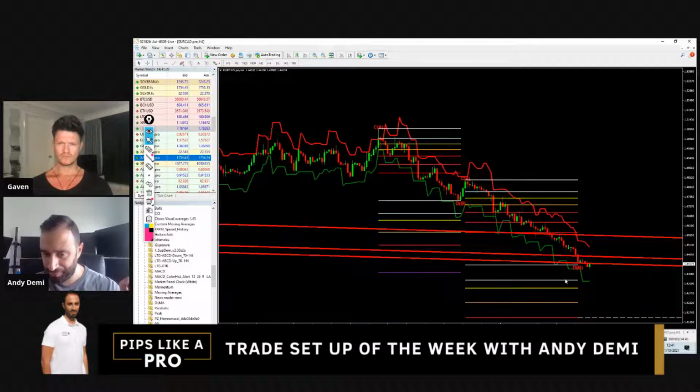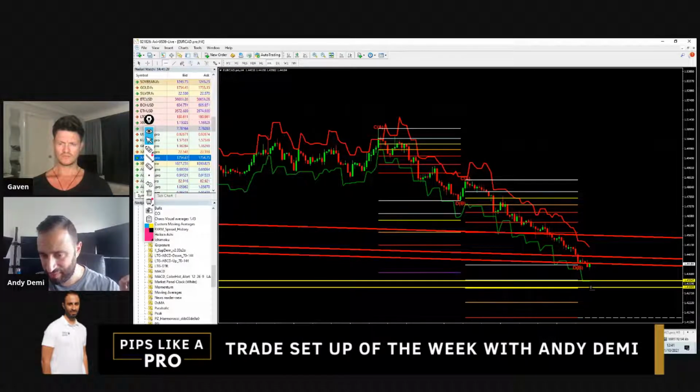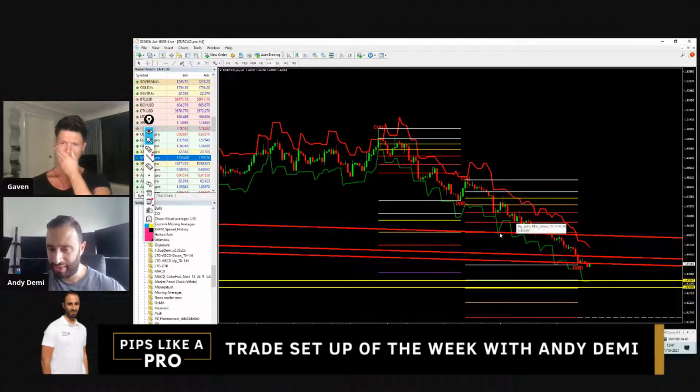For me, I would be looking really between there and there if you're going to take a short-term buy. Otherwise, I'd wait and let the market show us a little bit more. So that would be a short-term buy zone.